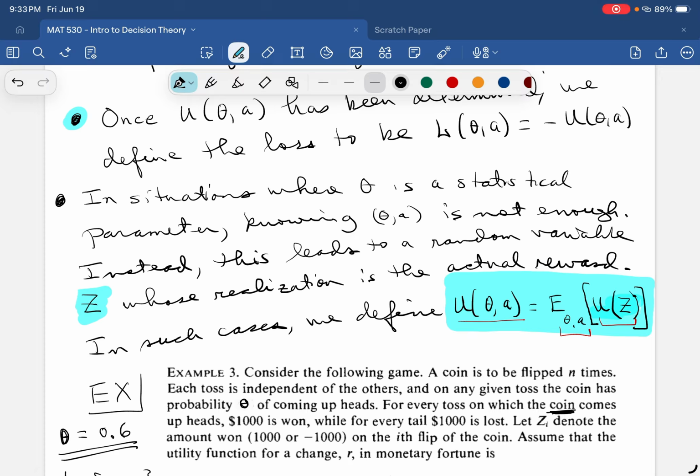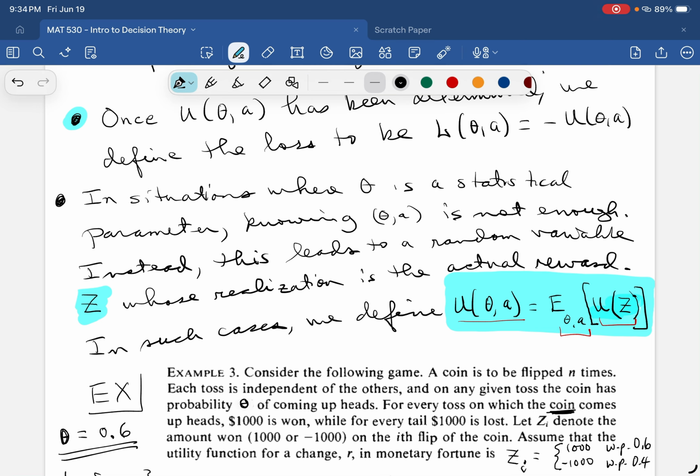So we have to have some way of representing these coin flips mathematically. And the way we do that is with a random variable. So we're going to let Zi, capital Zi, denote the amount won on the ith flip of the coin. So from this setup, you can see that each Zi is going to be equal to 1,000 with probability 0.6, and it's equal to negative 1,000 with probability 0.4.